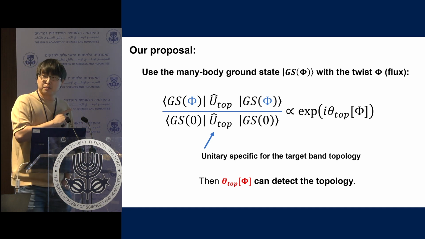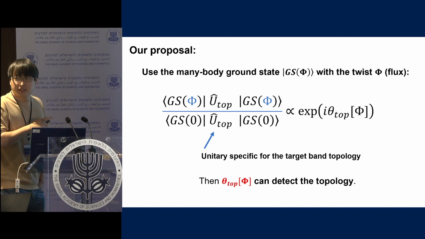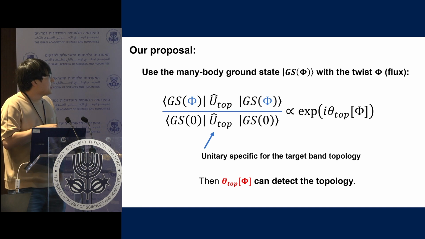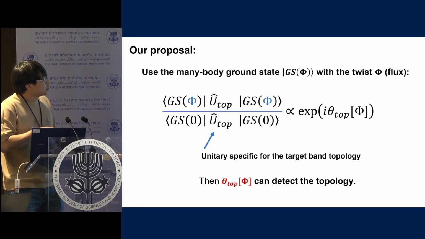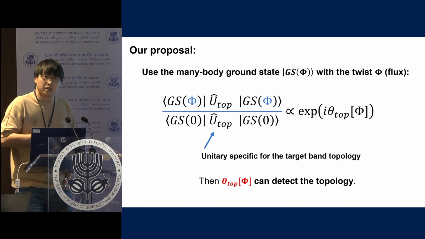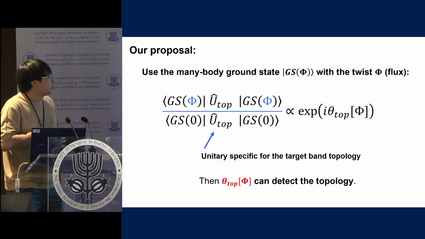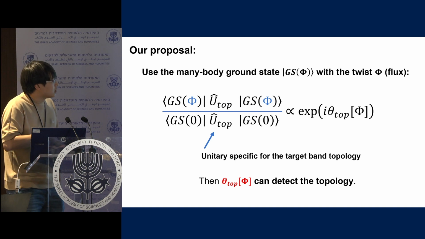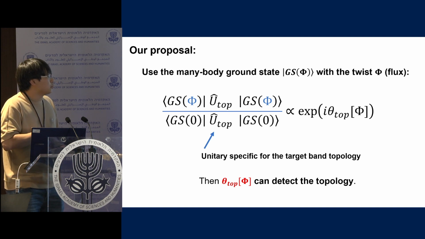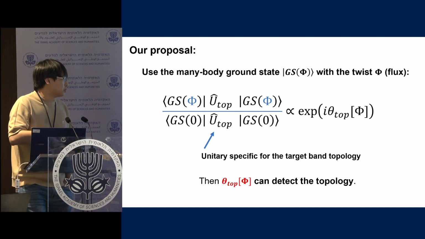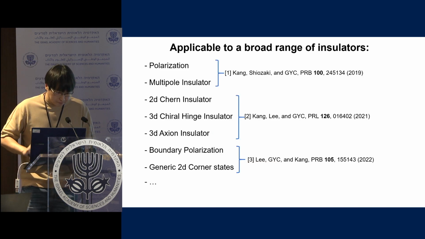I'm not going to explain all the why, but this is the formula I found. This ratio will tell you the topology of the states you are considering. And this unitary, I'm going to be clear soon. The unitary will be specific for the target band topology that I'm going to consider.